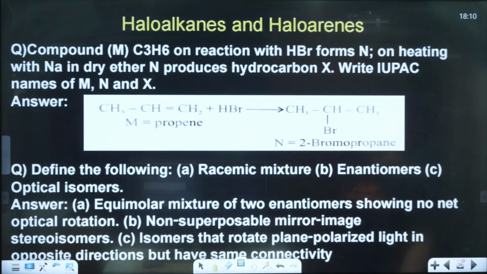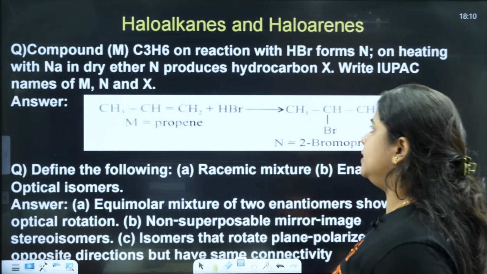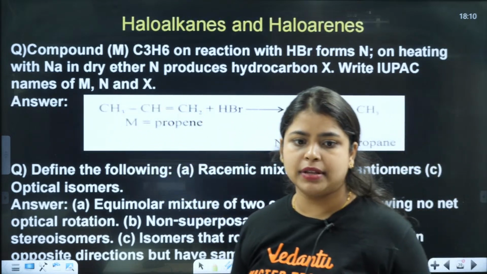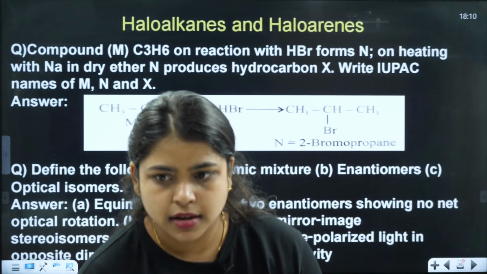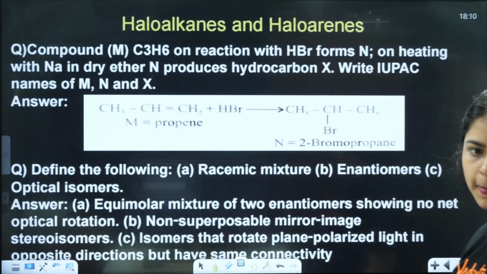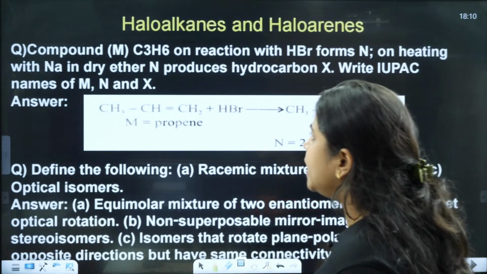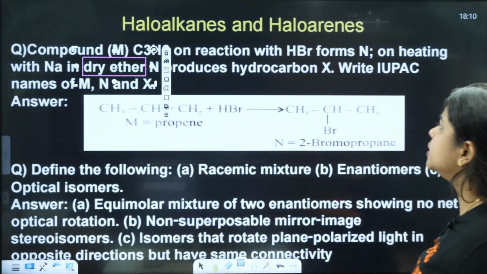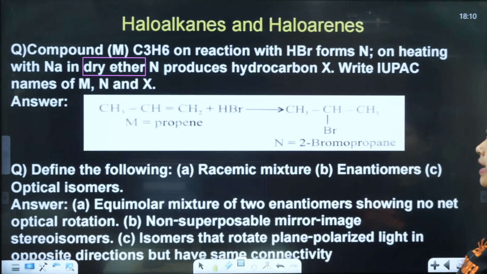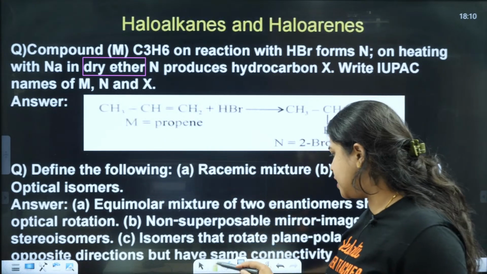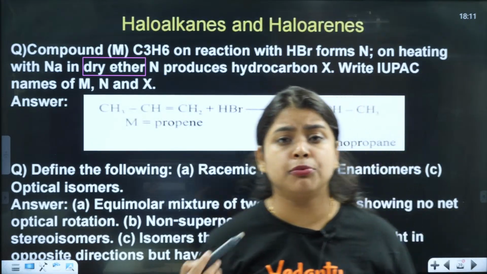Next one. Compound M, that is C3H6, on reaction with HBr forms N. On heating with Na in dry ether, N produces hydrocarbon X. Write the IUPAC names of M, N and X. M is propene.